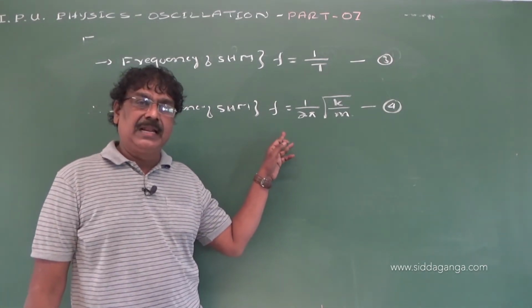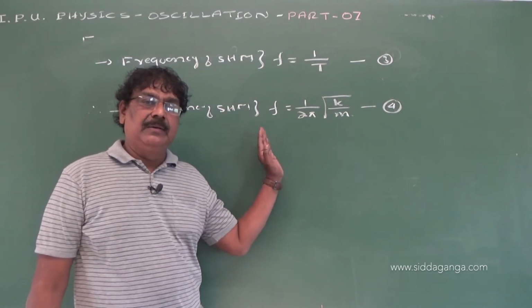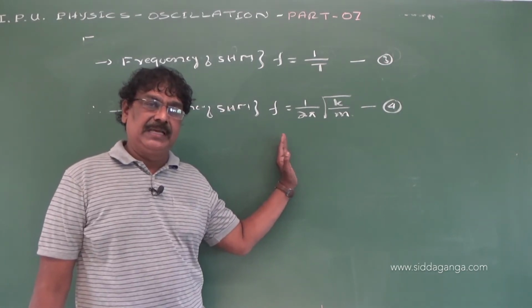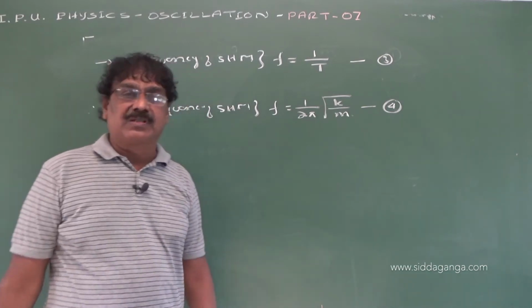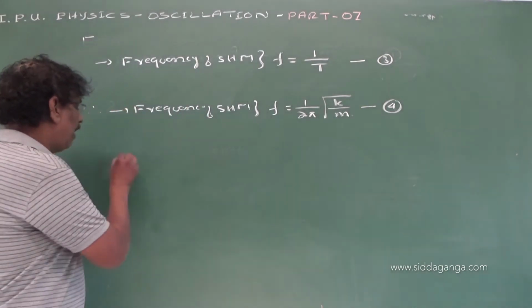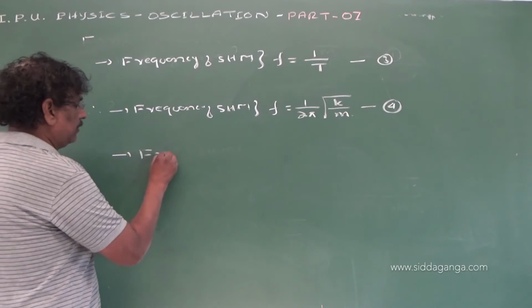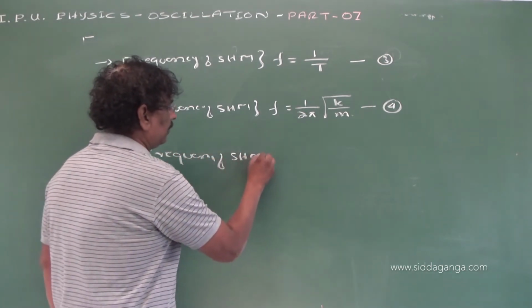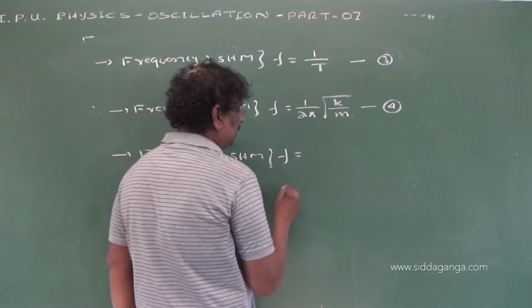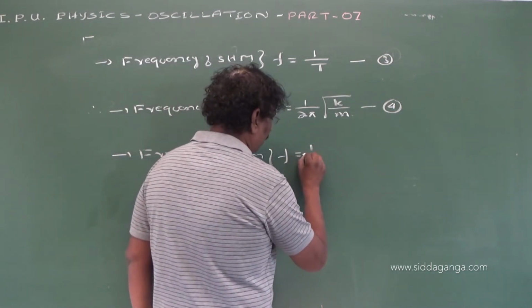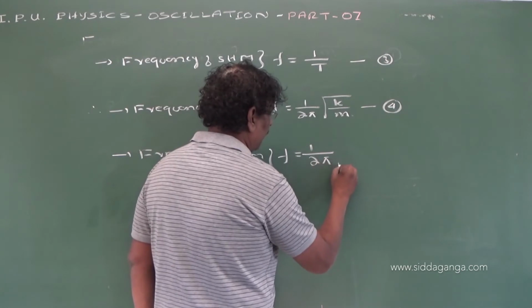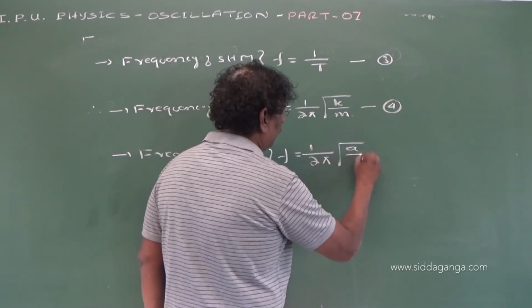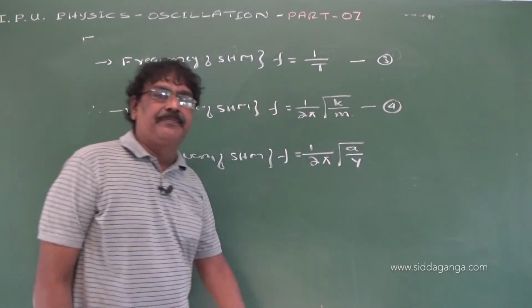Remember that earlier I told you, both time period and frequency depend upon the force constant k. Or again we have the frequency of simple harmonic motion f is equal to 1 by 2π times the square root of a by y.